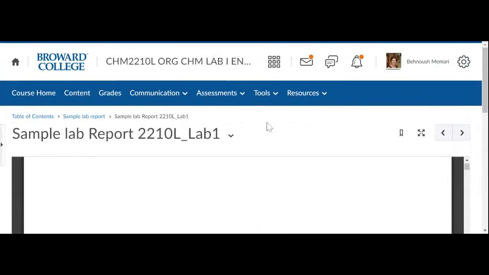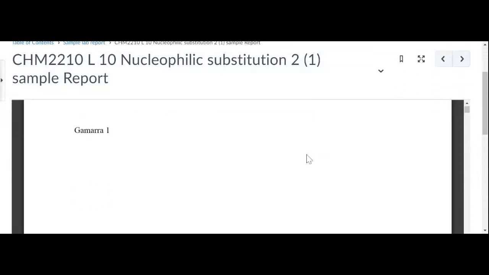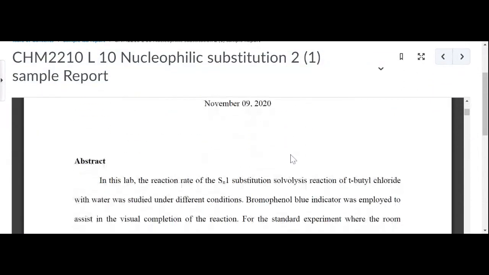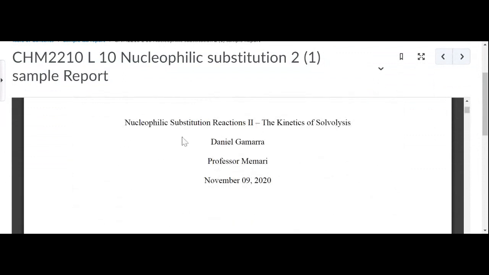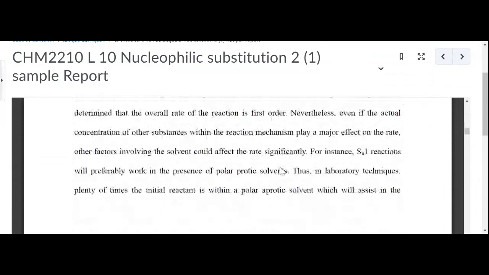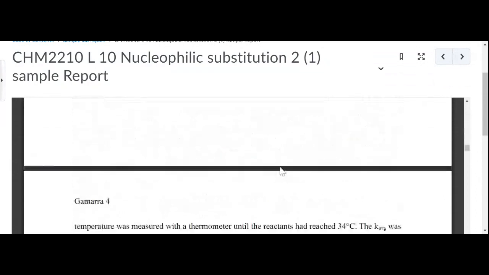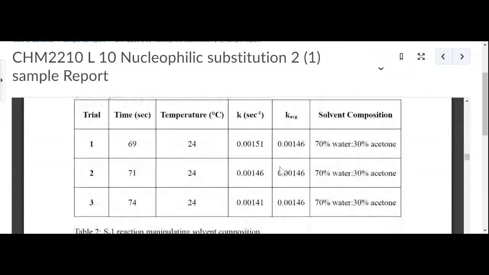For the lab notebook, and you have it for the lab report. Another one, you have title, abstract, introduction. I require a maximum of one page. It's optional.